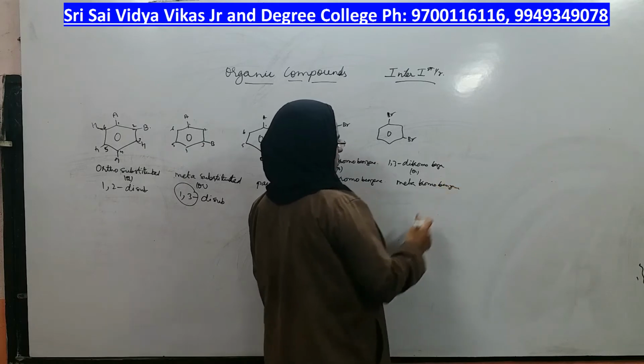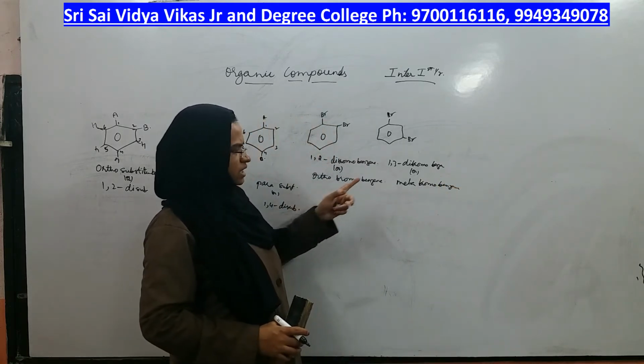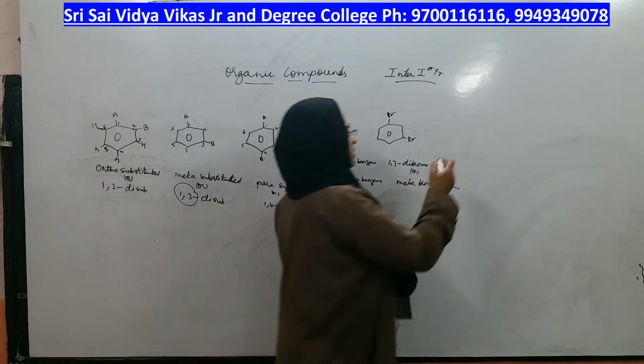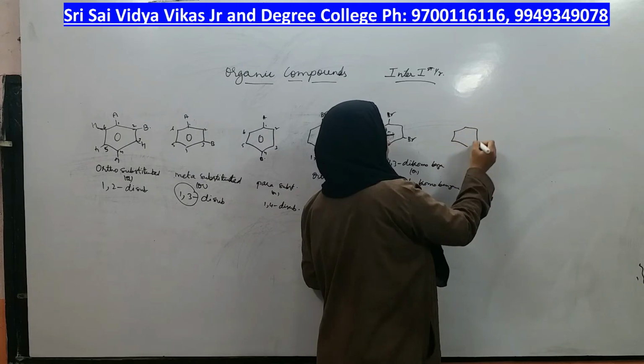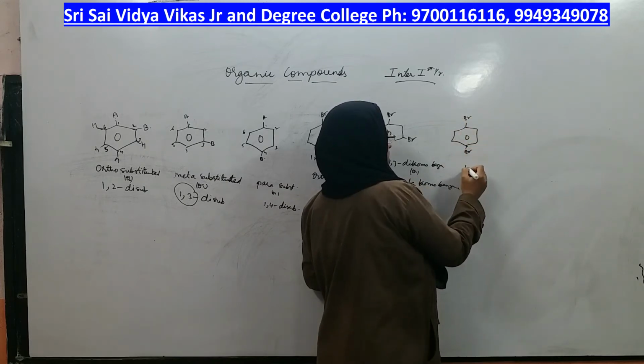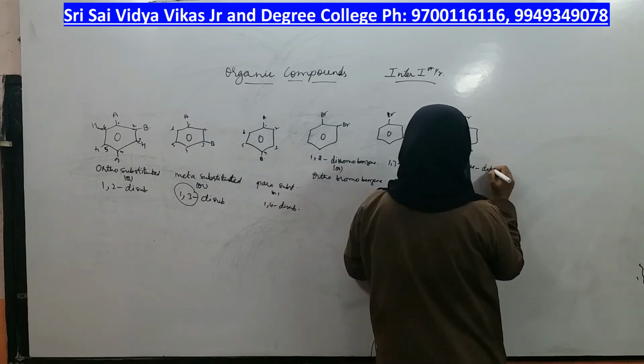If you write meta, it automatically means that two bromines are present and that two bromines are meta to each other. Same way for para, its name actually is 1, 4 dibromobenzene, or you can also call it parabromobenzene.